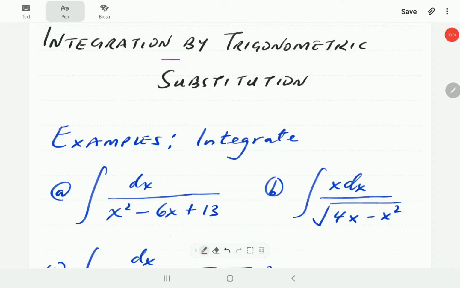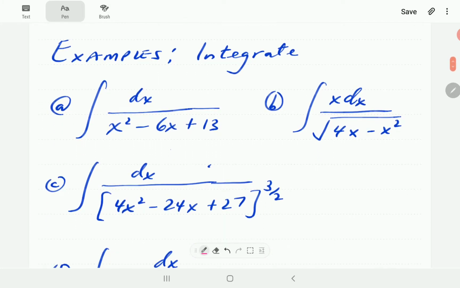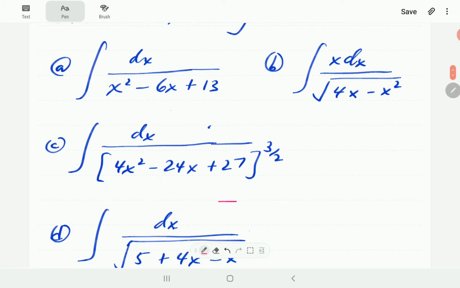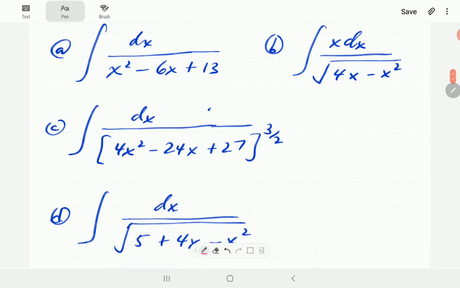Okay, in this video we're going to look to apply the method of trigonometric substitution to integrals typified by what we have in these examples here.